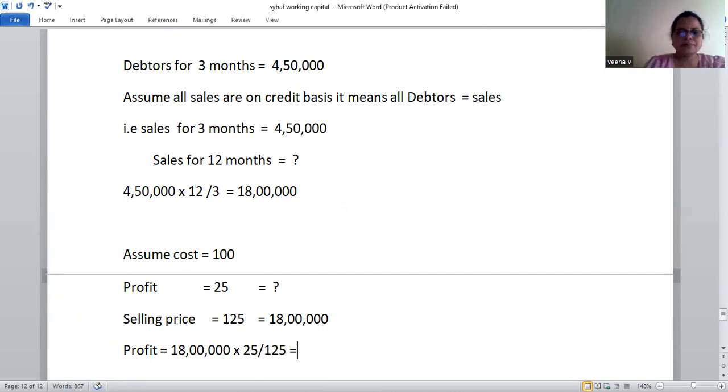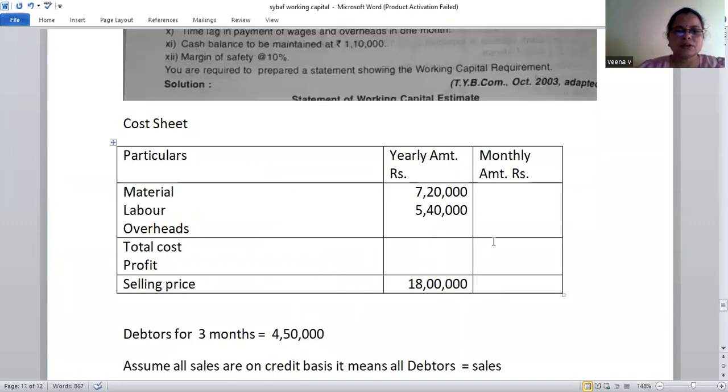Now calculate it. 18 lakhs divided by 125 into 25. So it will become 3,60,000. So our profit is 3,60,000. Here we are going to write the profit.